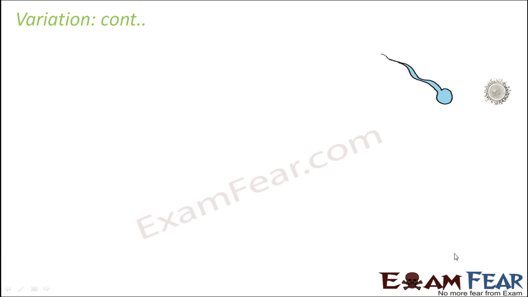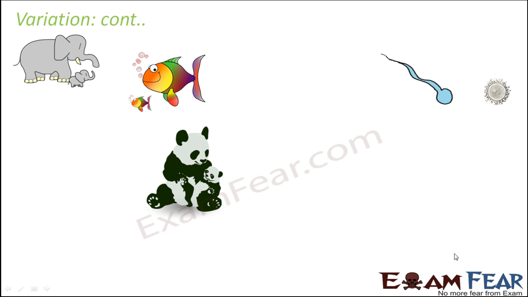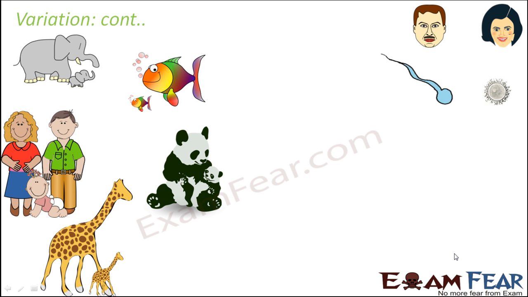So not only in asexual reproduction, even in sexual reproduction, variation is seen. That is what we were seeing so far. You talk about any of the animals, whether it is elephant or fishes or giraffe or human beings, their offspring look similar to them because they have their basic body structure and design similar to their parents, but they are not always exactly identical. A baby elephant looks like an elephant, so it has the basic structure, but it is not exactly identical.